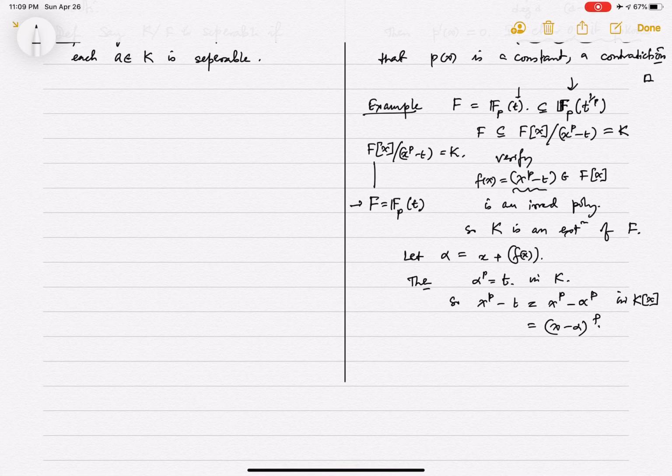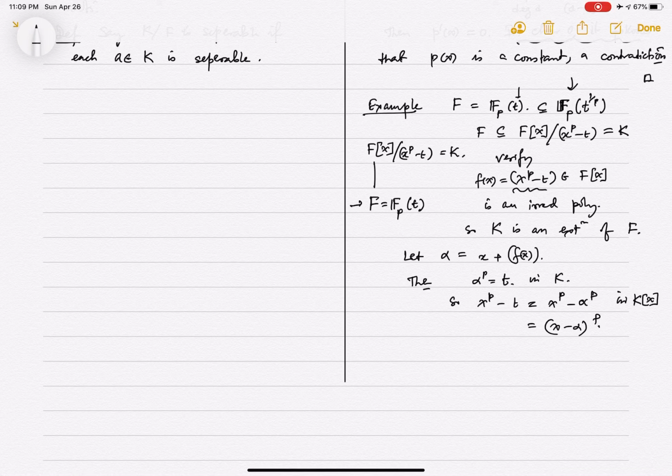Because you are in characteristic p, we have this amazing formula, right? So p is odd, I suppose. Okay. So what that means is that the only root of this equation in K is alpha. So it has p times repeated roots.